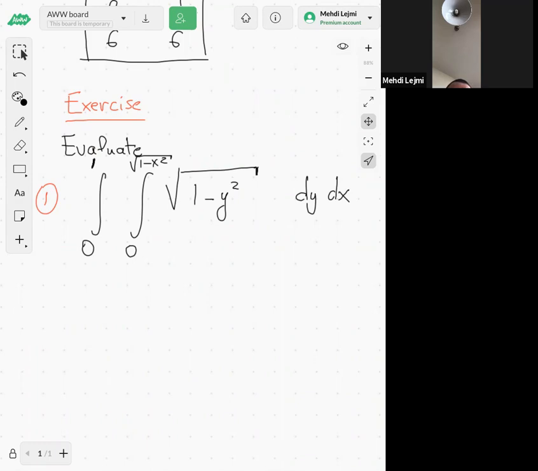If you try to use a substitution here, you would need a y in front of your square root, but there's no y here in front of the square root. So actually you need to change the order of integration to evaluate this integral.